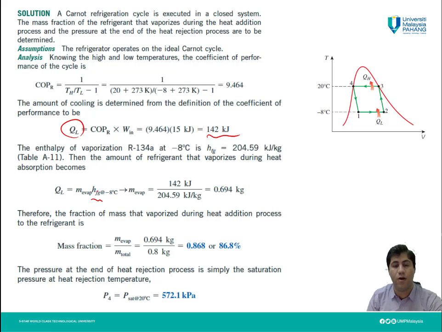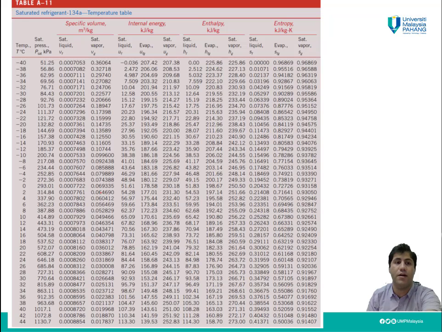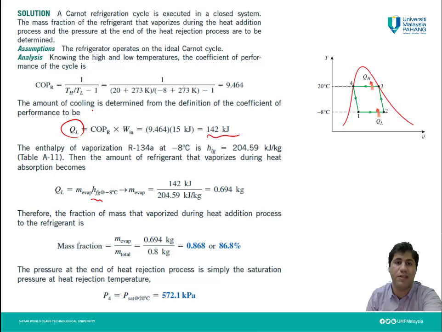We need to first find this enthalpy of phase change for this refrigerant. Our refrigerant here is R-134a. This is the table which has the thermodynamic properties for this refrigerant, and HFG, or enthalpy of phase change, at -8 degrees Celsius. Why -8 degrees Celsius?